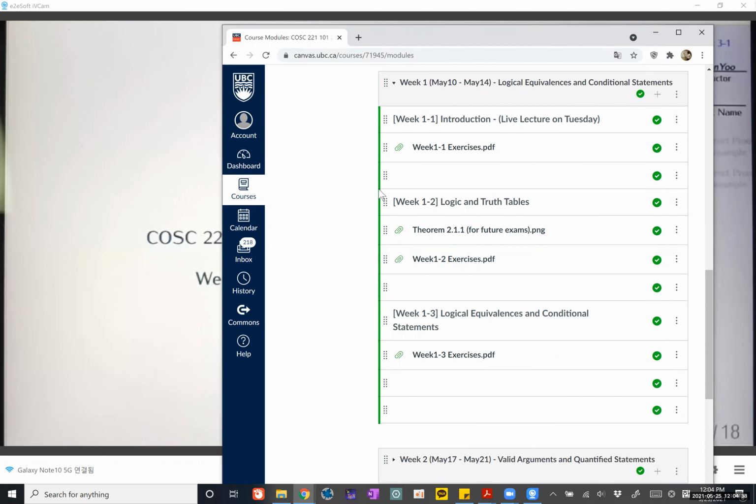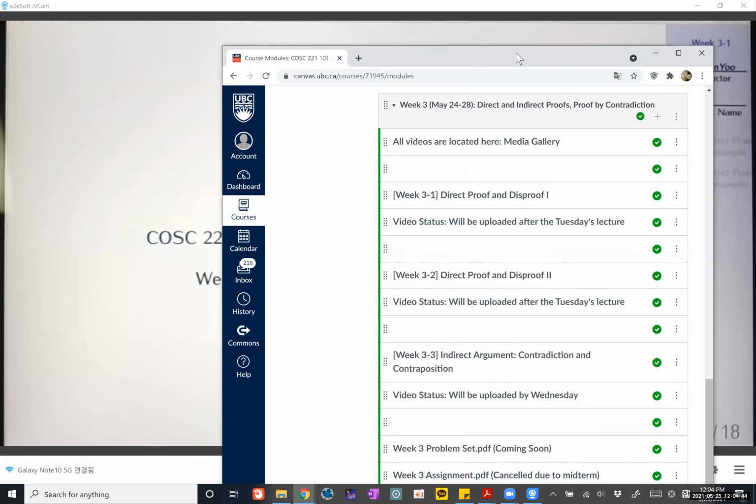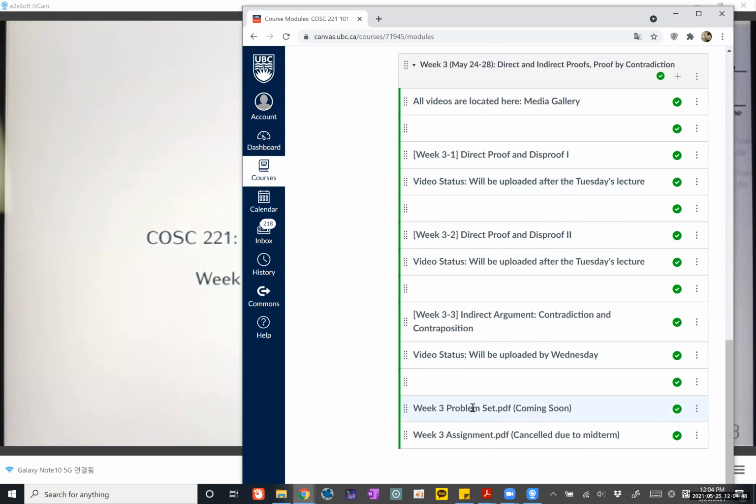And for week 3, I'm going to post the problem sets, because you don't have to hand in anything for week 3. I'm going to make a problem set containing week 3-1 related questions, week 3-2 related questions, and week 3-3 related questions as a single file.